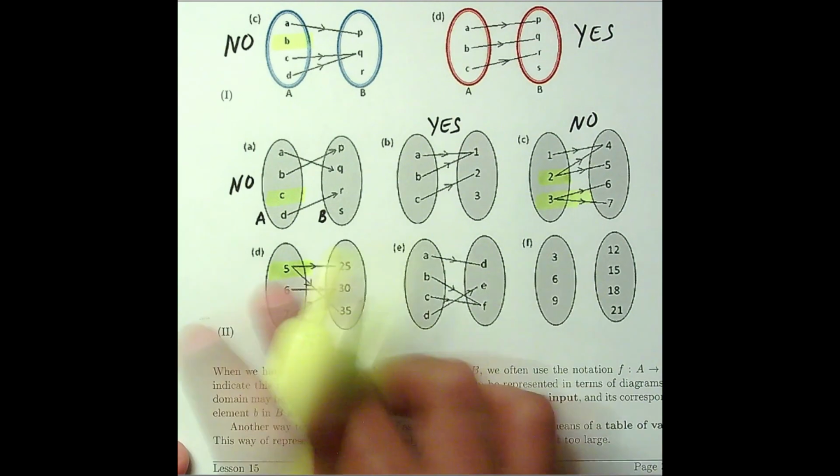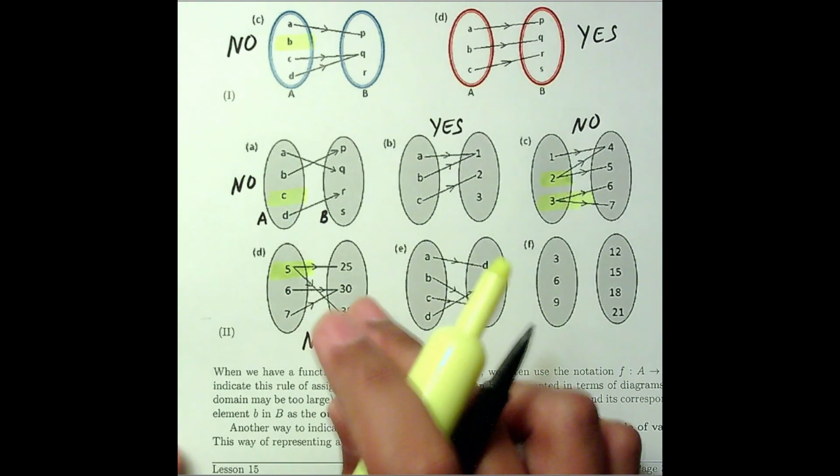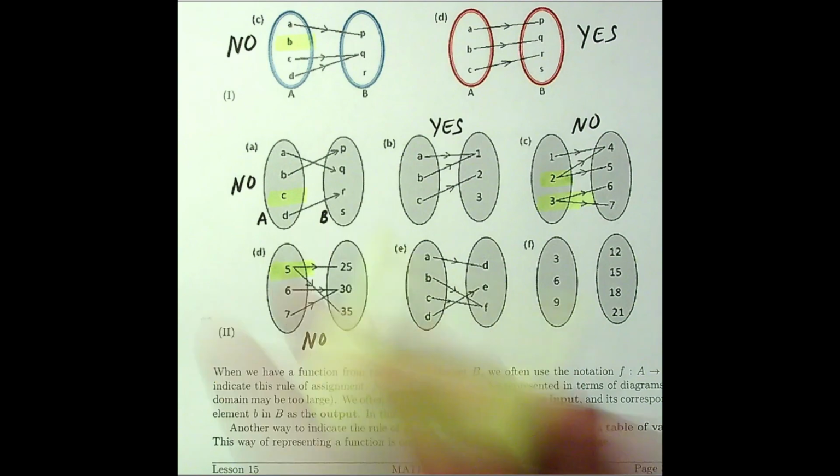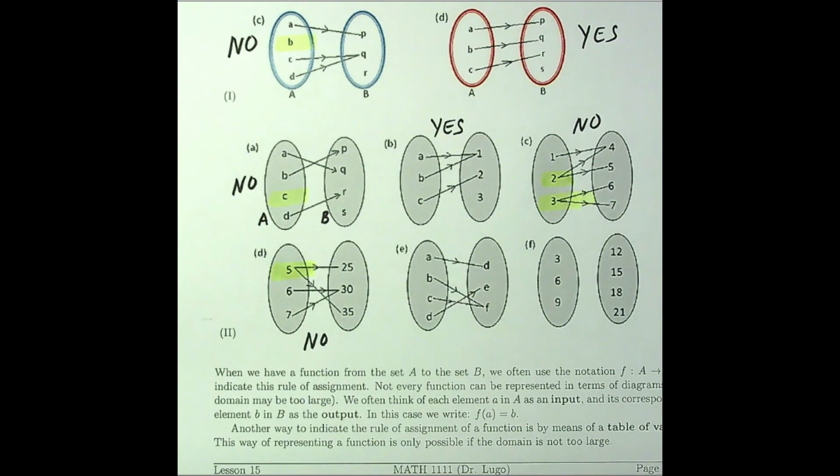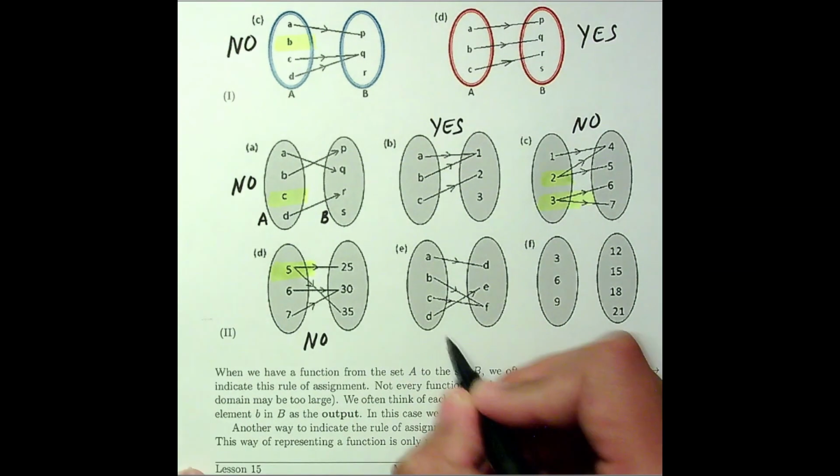You could have 2 arrows landing in the same spot. Again, that's fine. But this one is not. Okay, how about that one? E. Is that a function? Yes or no? This one is a yes.